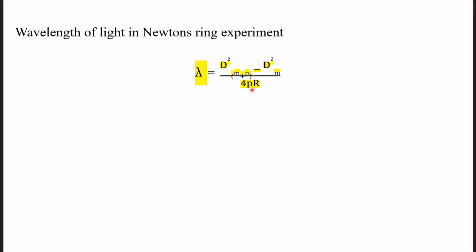Then small p stands for the difference between two ring numbers, the rings which we have taken for the analysis. The relative distance between those two is considered as p in this formula. Then capital R, as we have seen on the previous slide, is nothing but the radius of curvature of the lens.